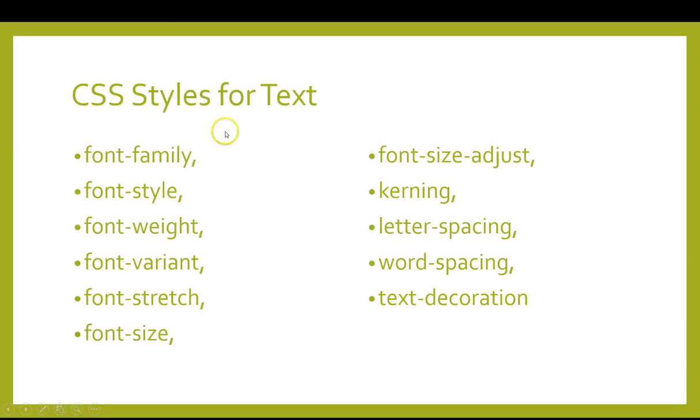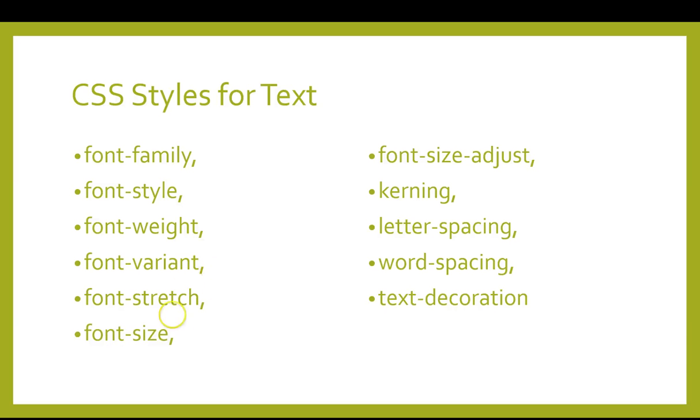So we can use all of our CSS style properties on text elements, and font family is what kind of font we're using. The style will give us things like italics, underscore, overscore. I think that one where you have the line through the text, I forget what that's called. The weight, which is like boldness, if it's lighter or bolder.